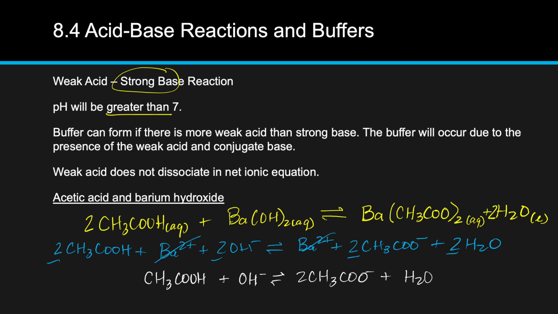So if we were to add base to this buffer, that means we would be increasing the amount of hydroxide ions we have. So in order to offset that pH change, according to Le Chatelier's principle, if we're increasing a reactant, we're going to be shifting towards the products.